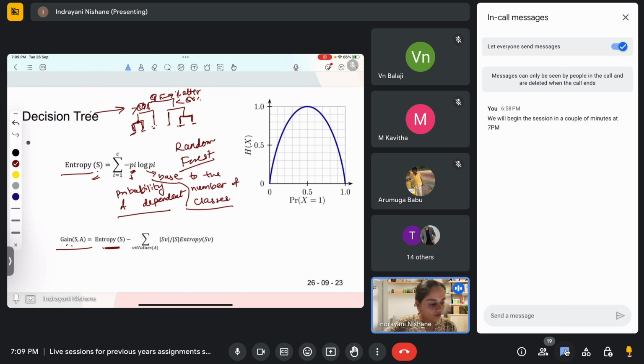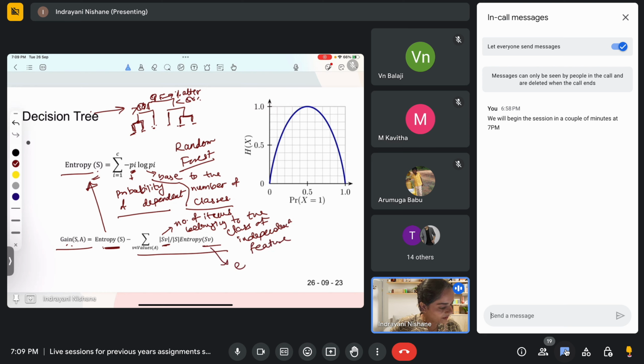Now this entropy we'll calculate using this formula, and this is the number of items belonging to that particular class of the independent feature, and the respective entropy, and this will be the total n.